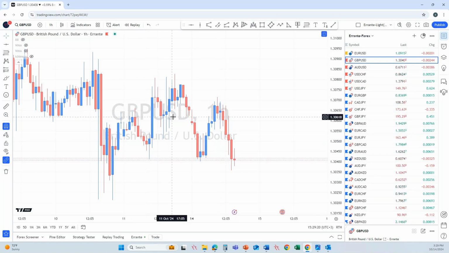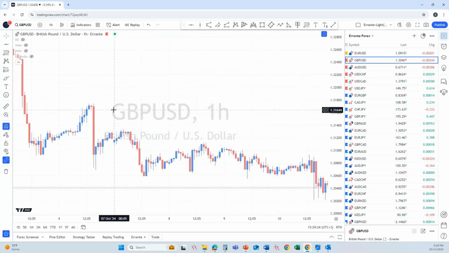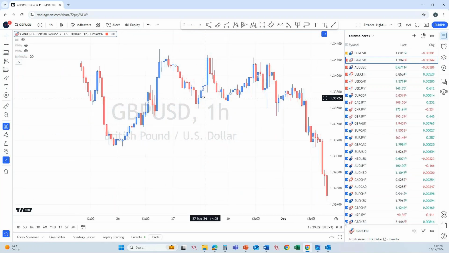And let me find a good example for you here. For example, here we have a doji, but a better example can be found somewhere like this.